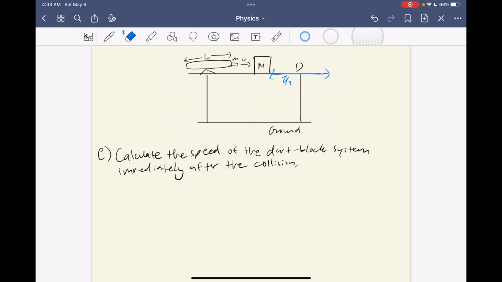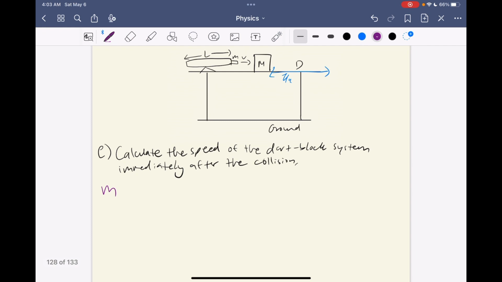So we can set initial momentum equal to final momentum. So lowercase m would represent the mass of the dart, initial velocity of that, plus the mass of the block, initial velocity of that. And then m plus M goes to be VF.